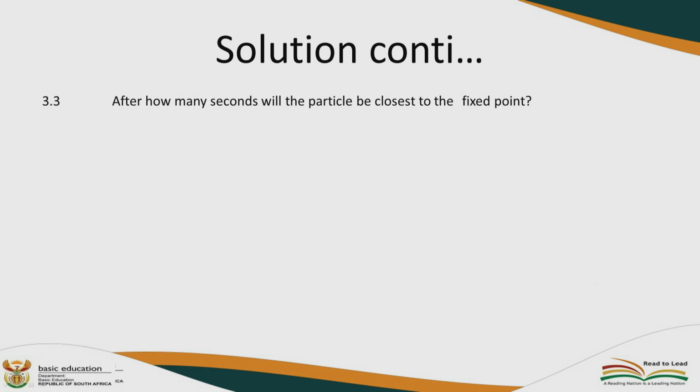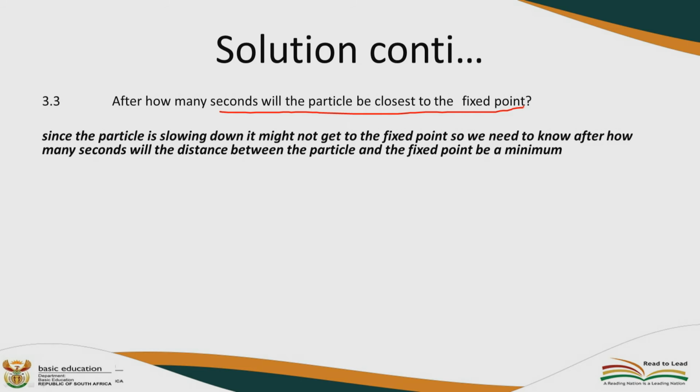All right, so now let us look at the last question. They ask us, how many seconds will the particle be closest to the fixed point? Since we have established that the particle is slowing down, it might not get to the fixed point. So we need to know after how many seconds the distance between the particle and the fixed point will be a minimum.